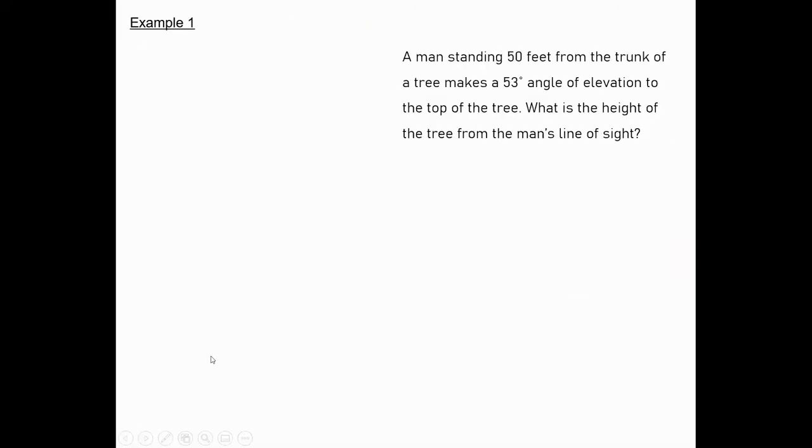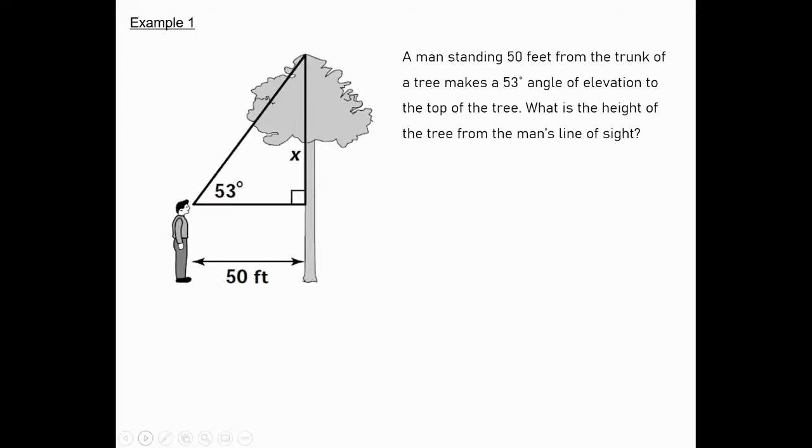Okay, let's look at our first example. The first example said a man standing 50 feet from the trunk of a tree makes a 53-degree angle of elevation to the top of the tree. What is the height of the tree from the man's line of sight? So the first thing we always like to do is draw a diagram. Without a diagram, we're always lost.